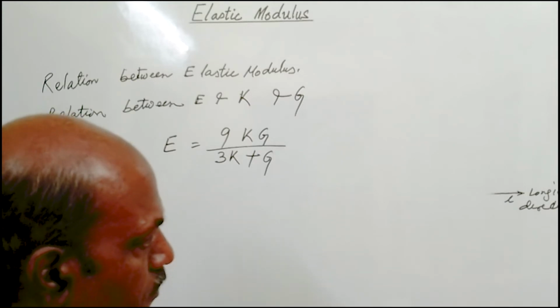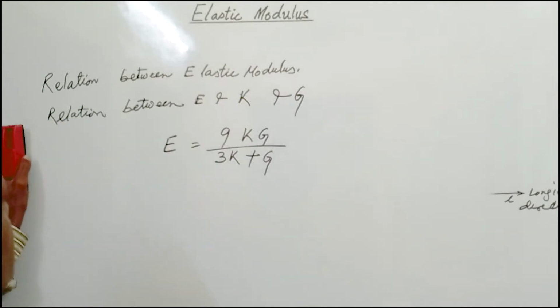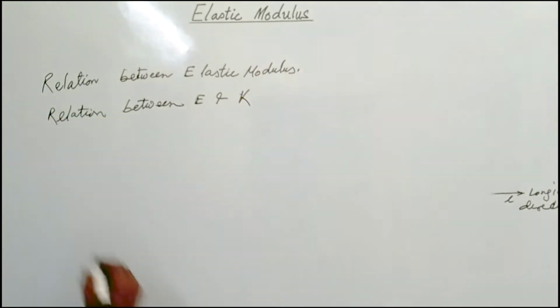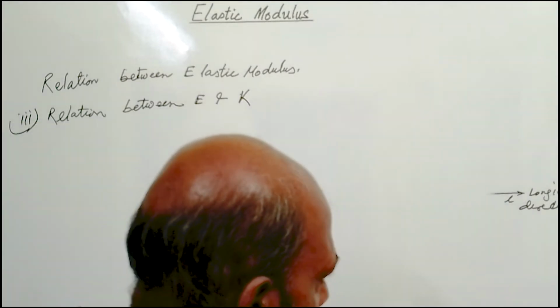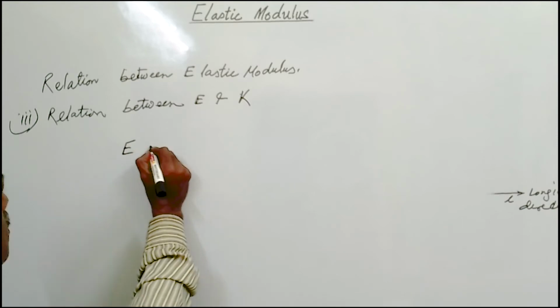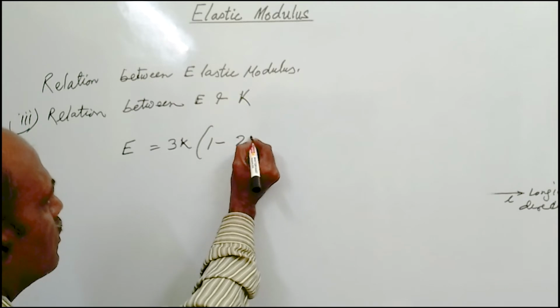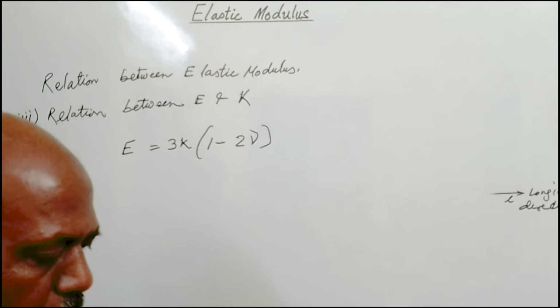And next, the relation between E and K. The third one, the relation between E and K, can be written as E is equal to 3K into 1 minus 2 nu, where E is the Young's modulus of elasticity, K is the bulk modulus of elasticity, and nu is the Poisson's ratio.